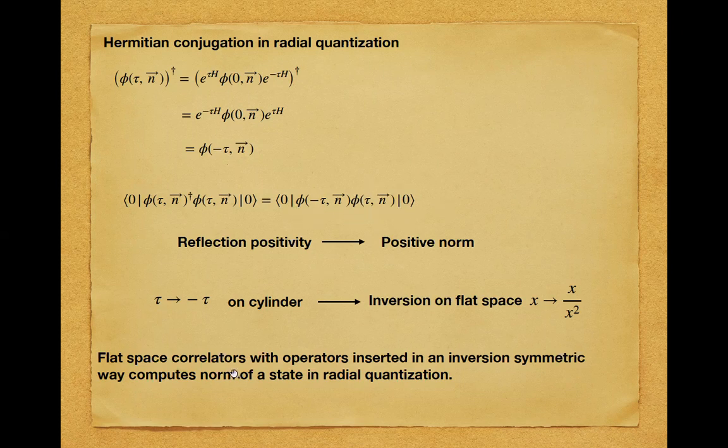So if I consider a flat space correlator, then I have to insert the operators in an inversion symmetric way, because tau goes to minus tau is like an inversion transformation on the flat space. That will compute the norm of the state in the radial quantization. This is the statement. Okay.